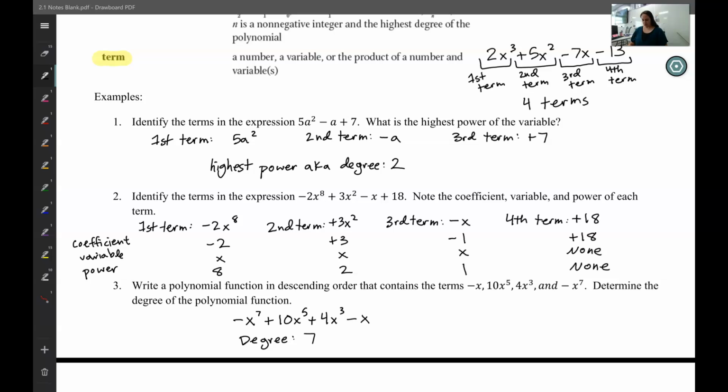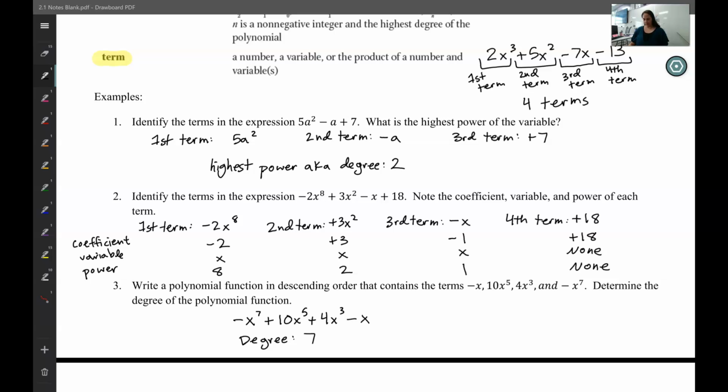This one, first term is negative 2x to the 8th. The coefficient is negative 2, which would be the leading coefficient because it's the highest power. The variable is x. The power is 8. Second term is a positive 3x squared. The coefficient is a positive 3, variable is x, and the power is 2. The third term is a negative x, so the coefficient is a negative 1, sneaky 1 right there.